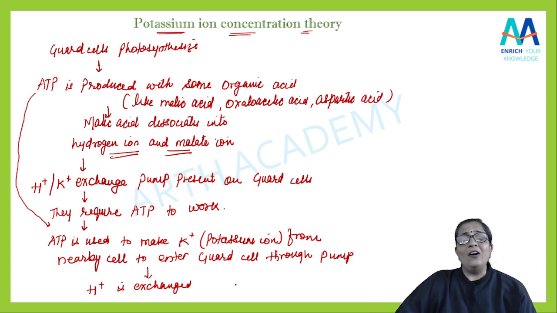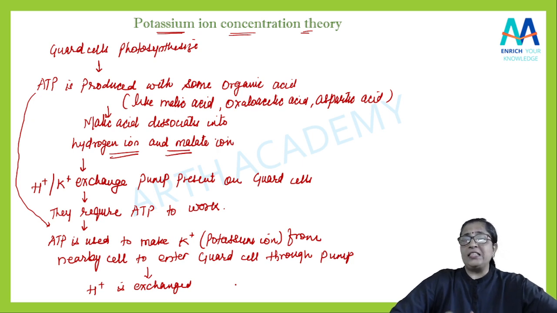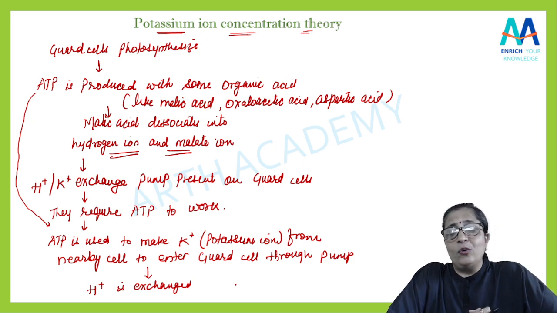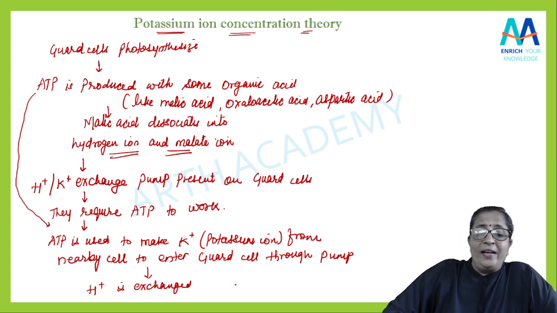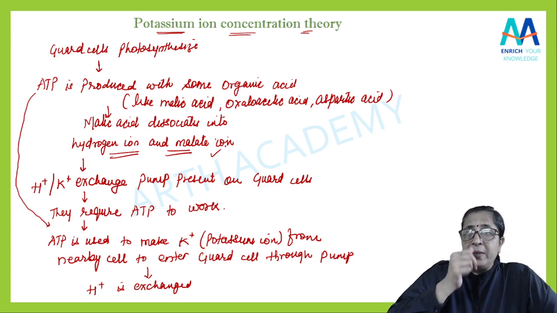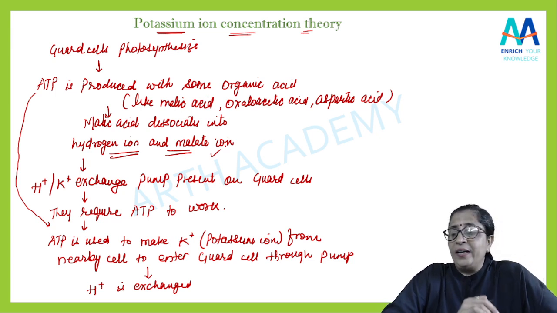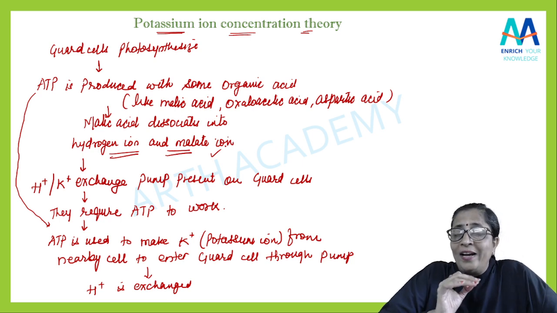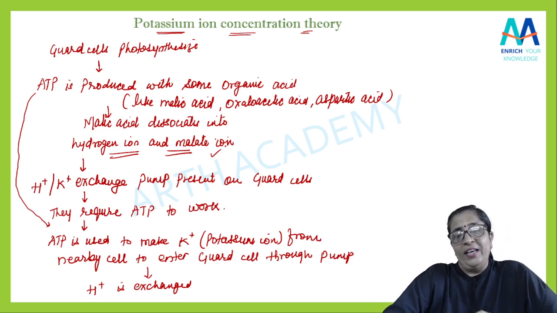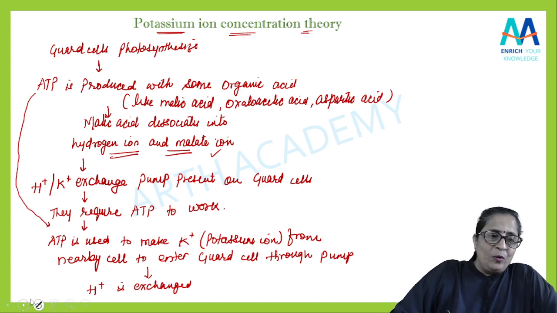Got it. Now this potassium, अब गार्ड सेल के अंदर क्या है? गार्ड सेल के अंदर हो गया पोटेशियम आयन. These potassium ions are balanced by malate ions. Malate ion भी है अंदर. Yes, पोटेशियम आयंस मैलेट आयन से बैलेंस्ड होगा और उसके साथ साथ कुछ क्लोराइड आयंस भी एब्जॉर्ब किए जाते हैं. Some chloride ions are also absorbed. Okay, so I'll write it down here.